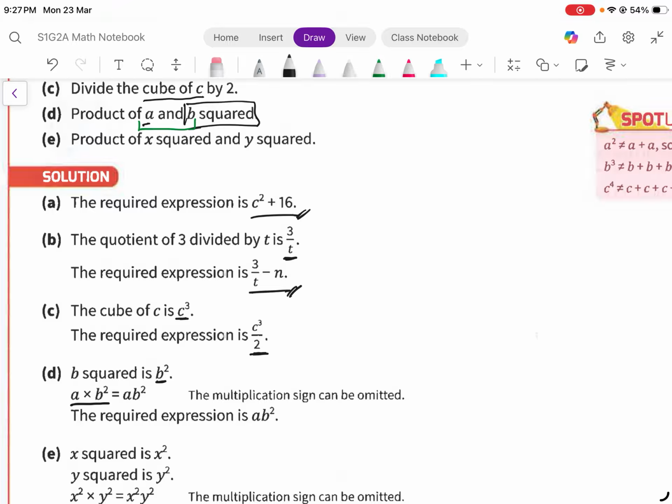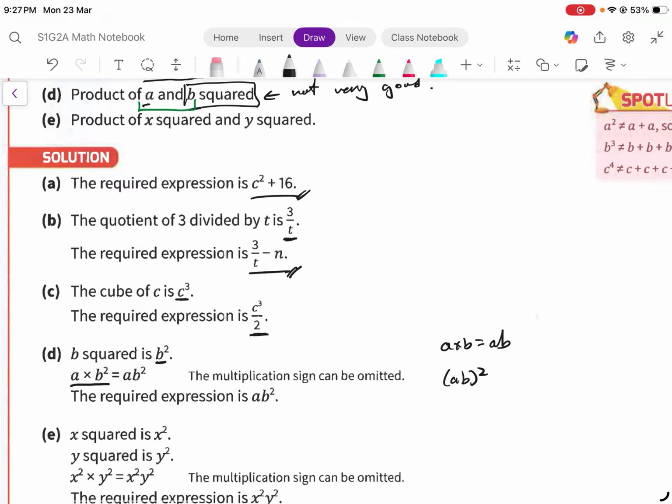So to me, I will see it as a times b first, ab squared. So this phrasing is not very good. So never mind. Hopefully questions like this will not come out for N level, or they will try to make it very clear what they want.